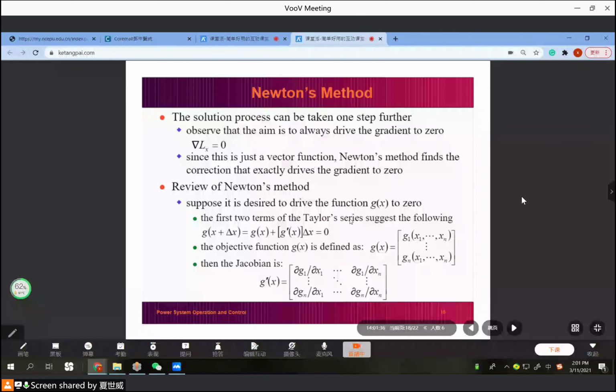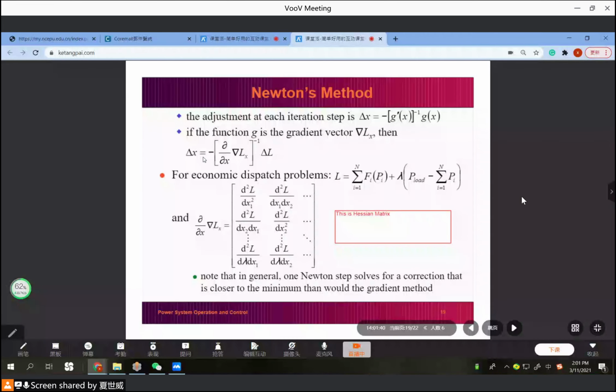So based on Newton's method, we have this: delta x equals the inverse of the first order derivative of delta L, multiplied by delta L. What's delta L? Delta L is the first order derivative of L.